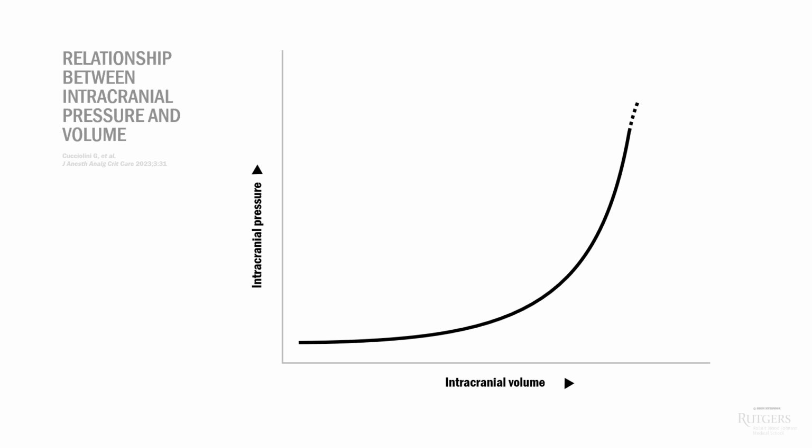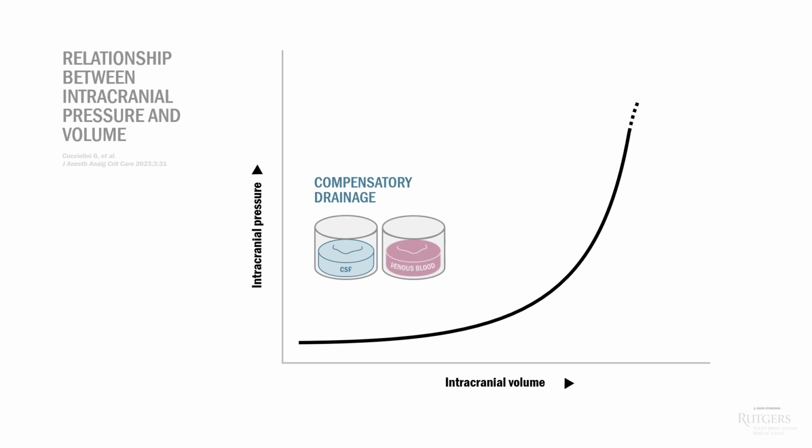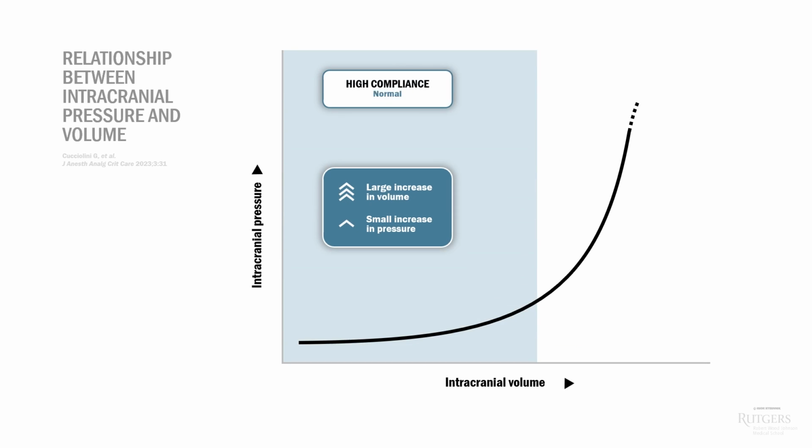At physiological volumes and low intracranial pressures, small increases in volume can be compensated by venous drainage or CSF displacement. So, increases in volume result in minimal increases in ICP. Once this reserve is exhausted, a break point is reached.